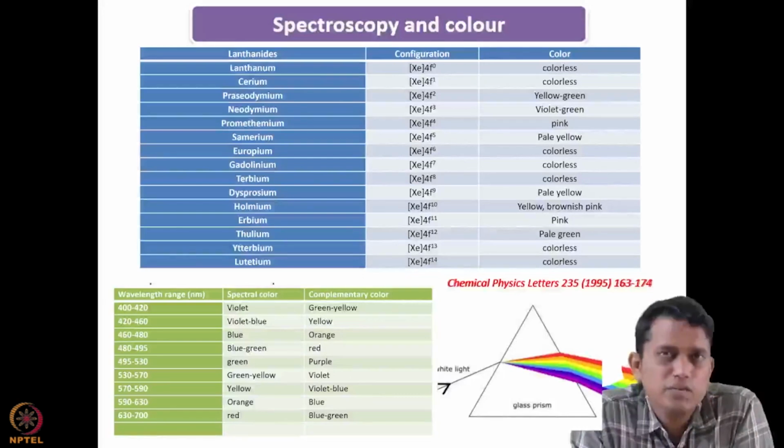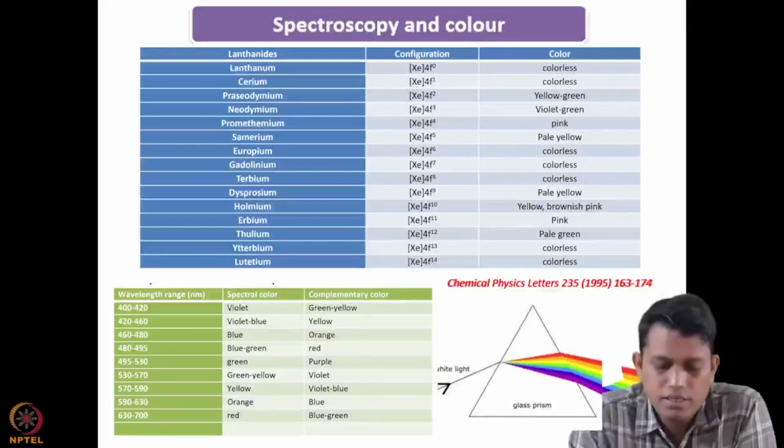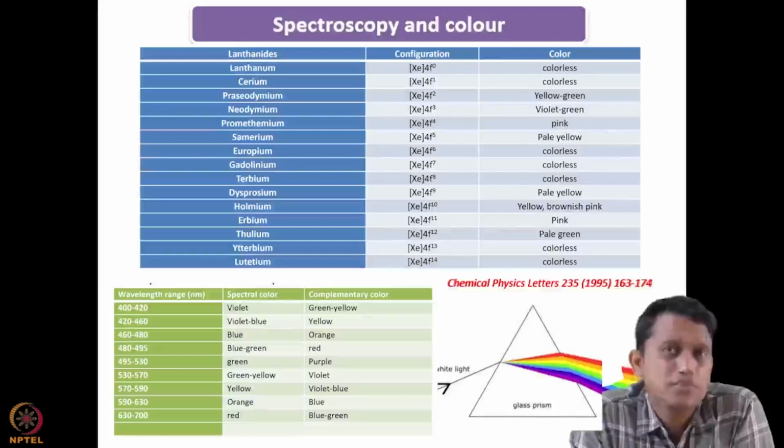So I hope you have the fundamental knowledge of all these things. So we can go directly to the lanthanides or actinides absorption spectroscopy. And as I've shown you, we see different colors, and this is also true for lanthanides and actinides, depending on the absorbance lines, or you can see the bands in the UV spectra.